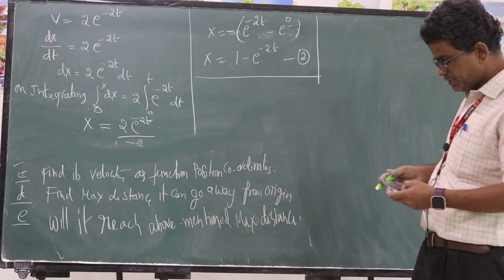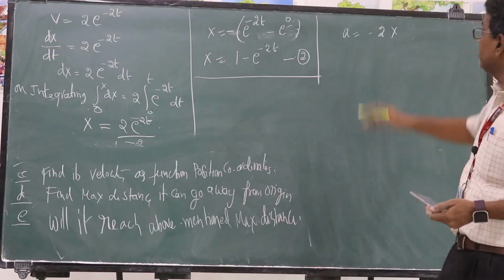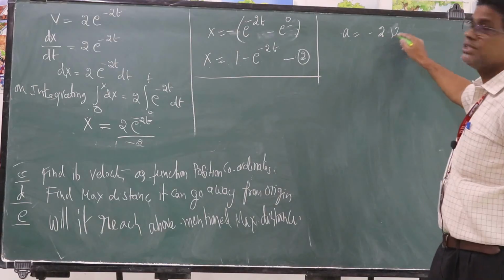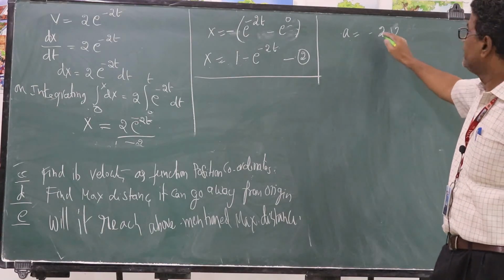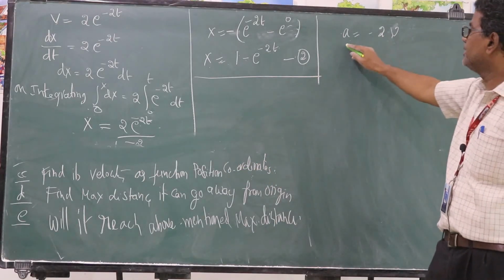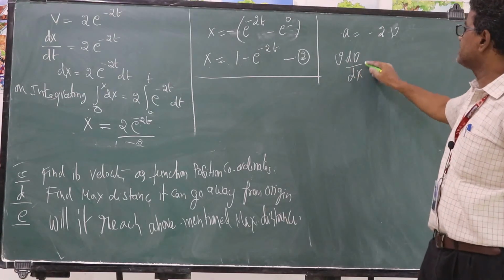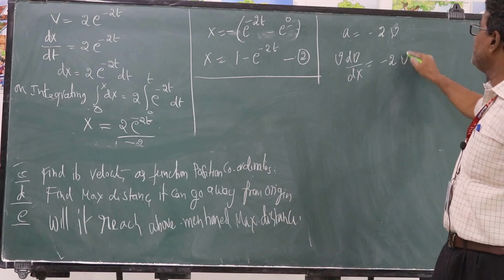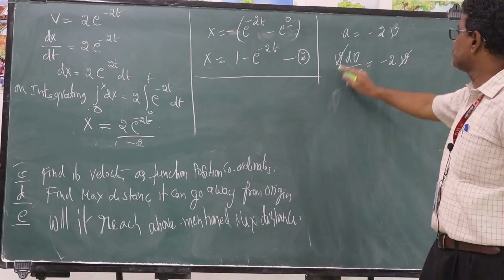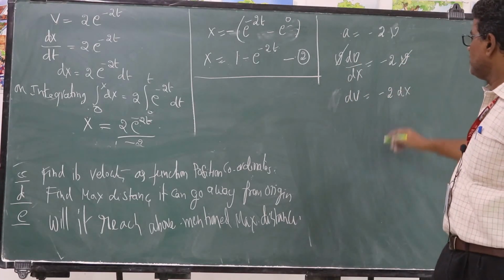The given expression is a is equal to minus 2v. This is the given law; the motion of this particle follows this law. So instead of a, I am writing v dv by dx is equal to minus 2v. I will cancel the v on both sides. So dv is equal to minus 2 dx.